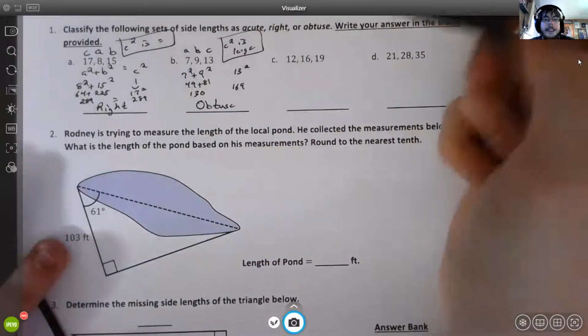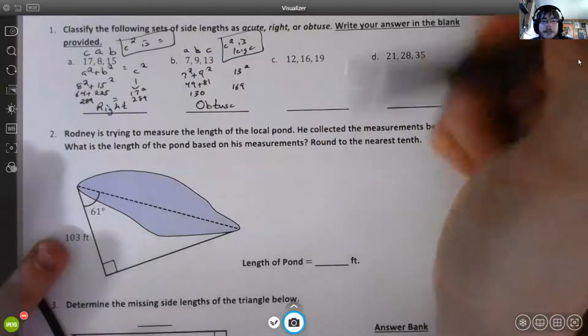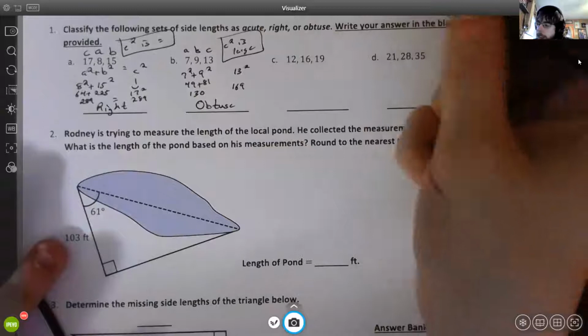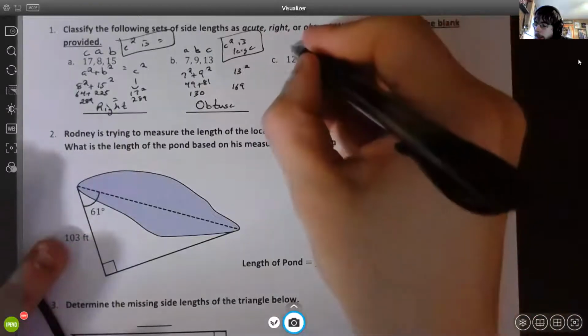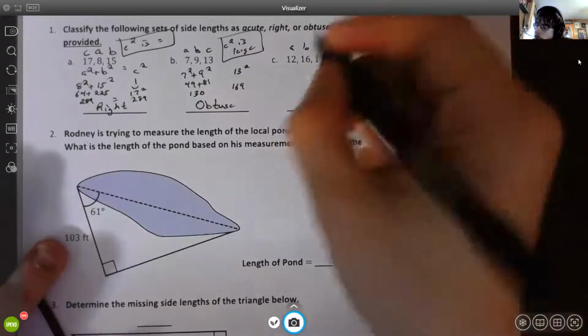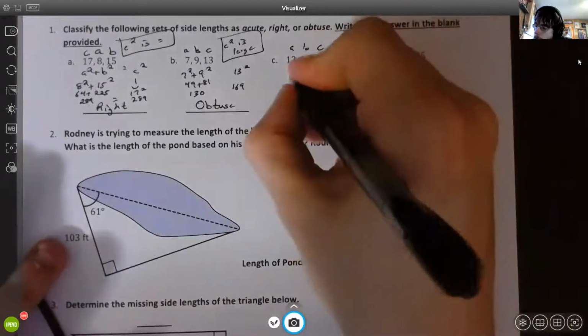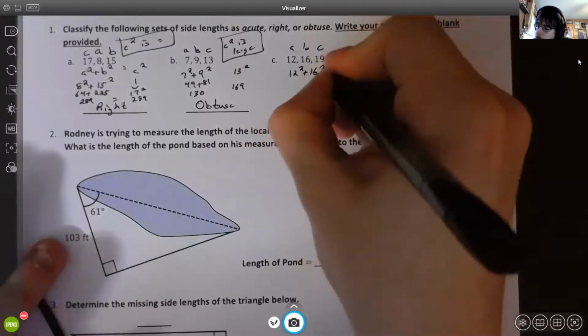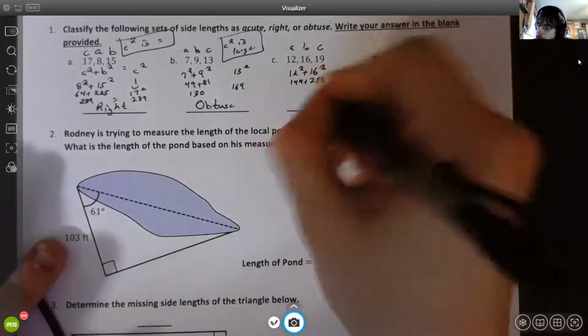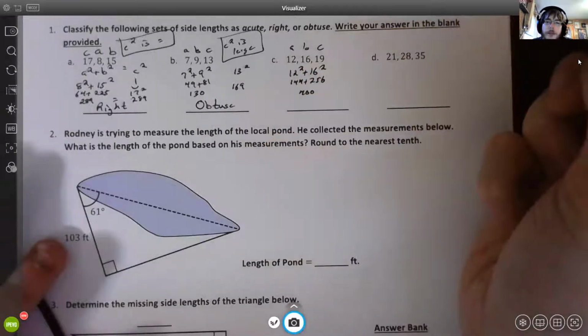All right, C, 12, 16, and 19. Again, our longest side here is 19, so that's C. A is 12, and B is 16. Doing A squared plus B squared, we get 12 squared plus 16 squared is 144 plus 256, which gives us 400.